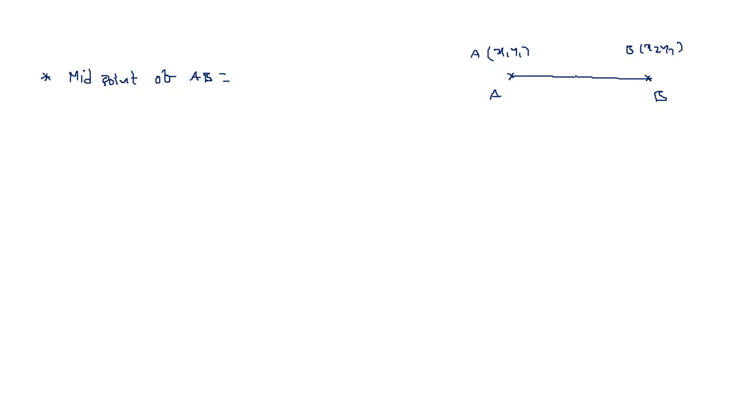Suppose P is a midpoint of a line; what condition should it satisfy? Sir, length of AP must be equal to PB, then I can say P is the midpoint. But technically, if I want to say P is a midpoint, P should divide the line AB in a 1:1 ratio. Applying the section formula, we get (x1 plus x2) by 2, (y1 plus y2) by 2.